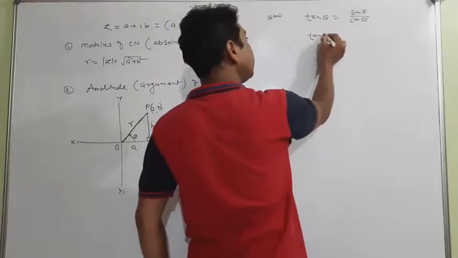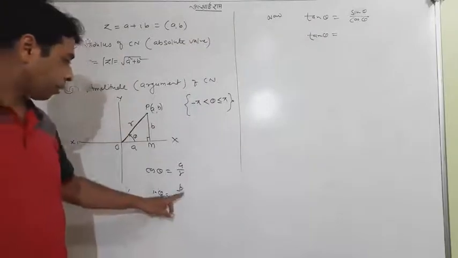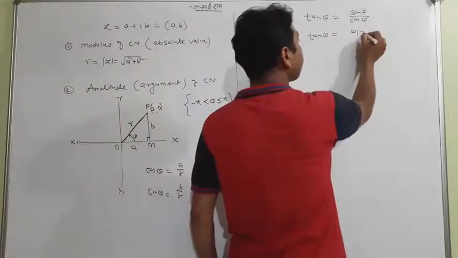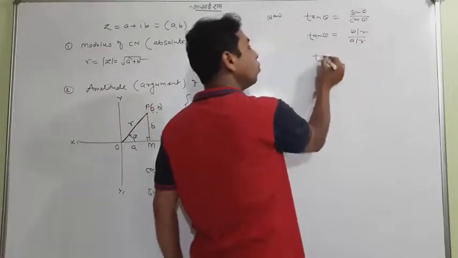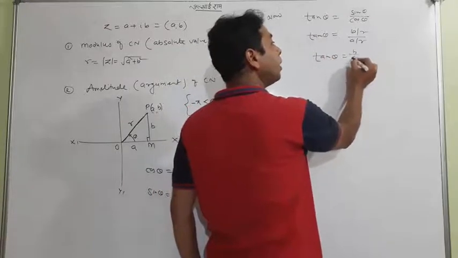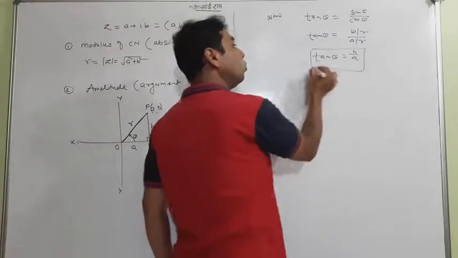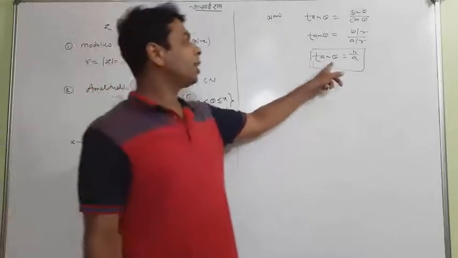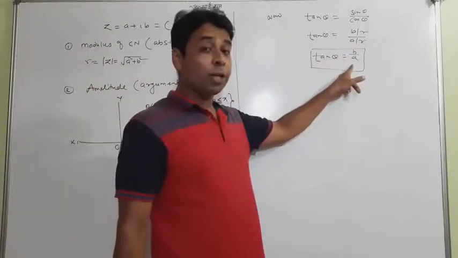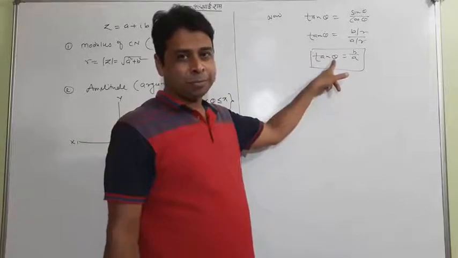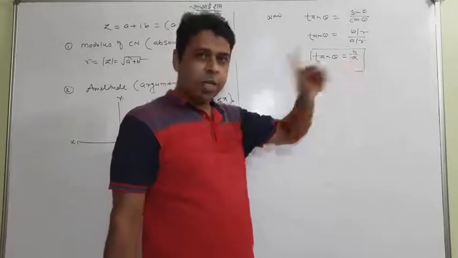And students, tan theta will be B by R divided by A by R. One can understand it will be B by A. So tan theta is B by A, and from here you can easily get theta.